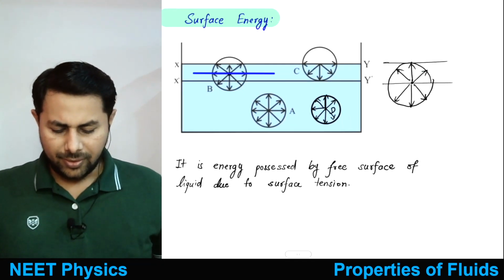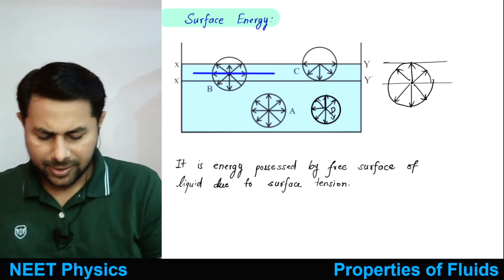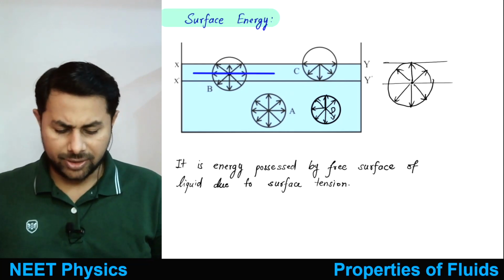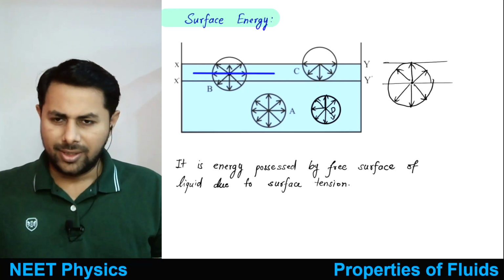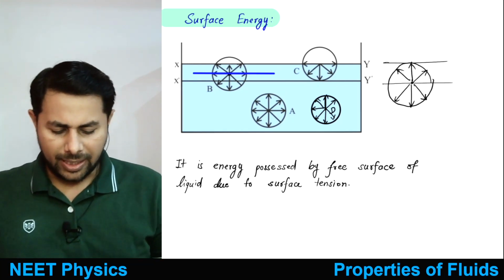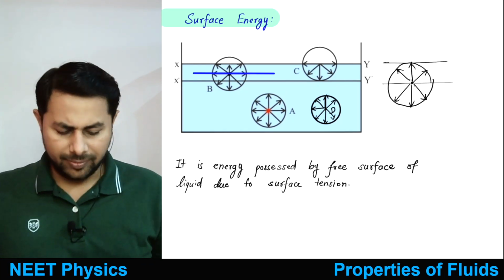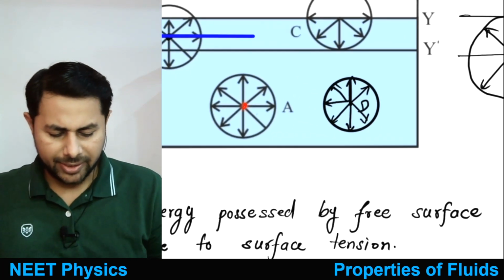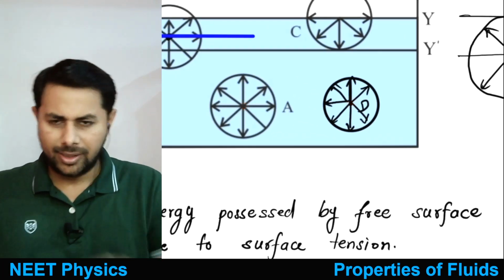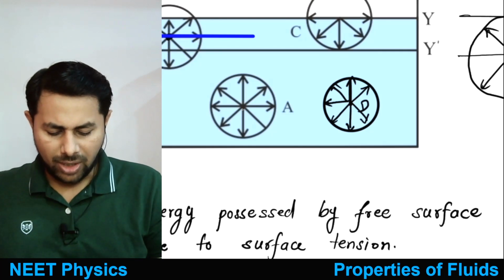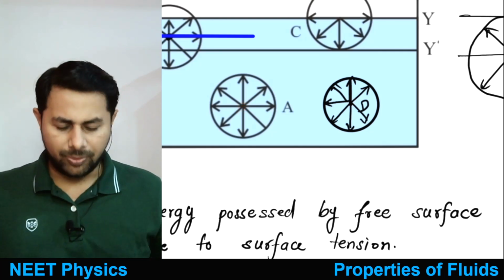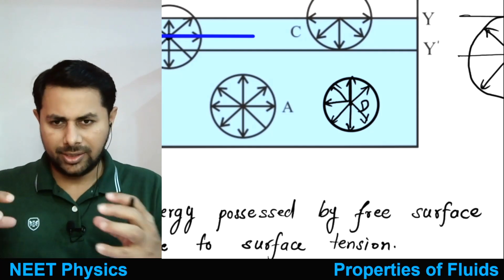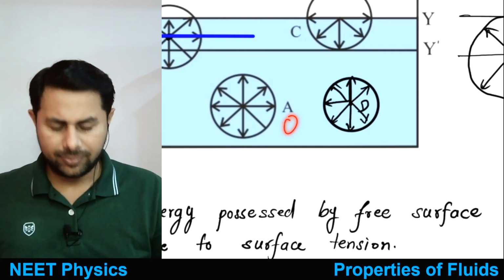right? Okay, so after that, let's talk about the next concept, that is surface energy. Now what is surface energy? Suppose I want to move this molecule A from this point to, let's say, this point inside the liquid. Now how much is the force acting on this molecule? We have just seen that the force acting on a liquid molecule inside the liquid is zero.